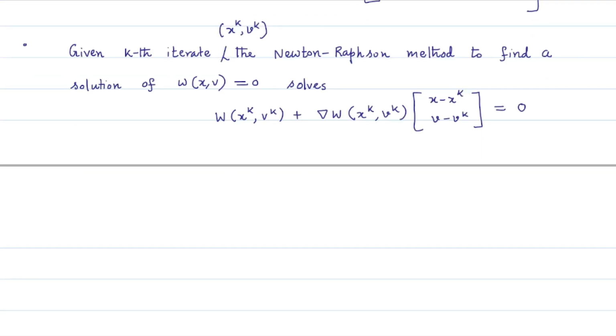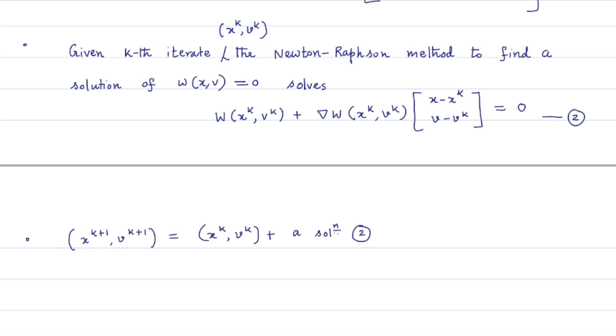And a solution to this equation gives us the next iterative point (xk+1, vk+1) is equal to (xk, vk) plus a solution to this equation 2.